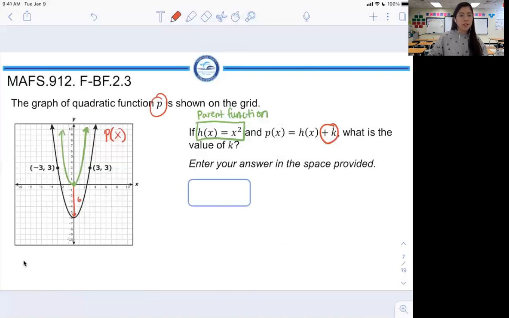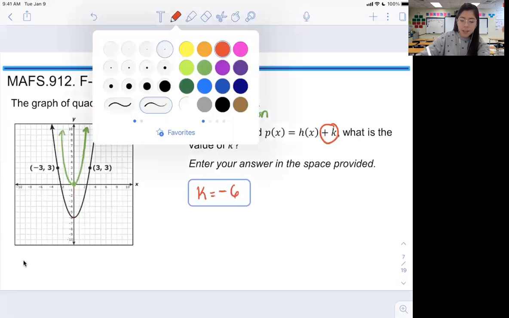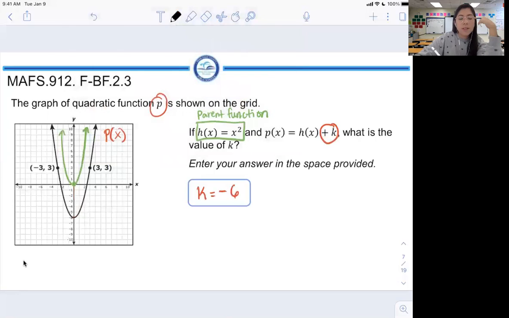Tyrone, I'll answer your question in just a second. Let me just get my final answer. Yeah, Perla, -6, because the negative indicates that I'm going down, and this would be 6 units down, so it's -6. Now, how did he get 6? Jalen, what exactly did you look at to determine that it was 6 units?